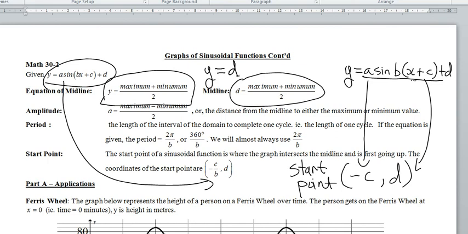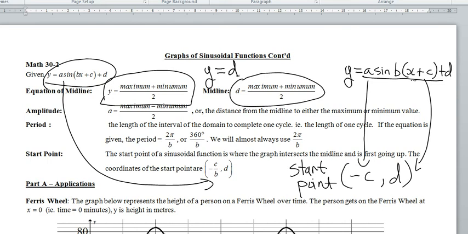Right, so again, equation of midline, that's the actual line you draw, y equals. And the midline itself, the d value is that. And if it's written in this form, in other words, if you don't see anything in front of the x in the brackets, see here it's bracket bx plus c, so there's a number in front of the x inside the brackets.